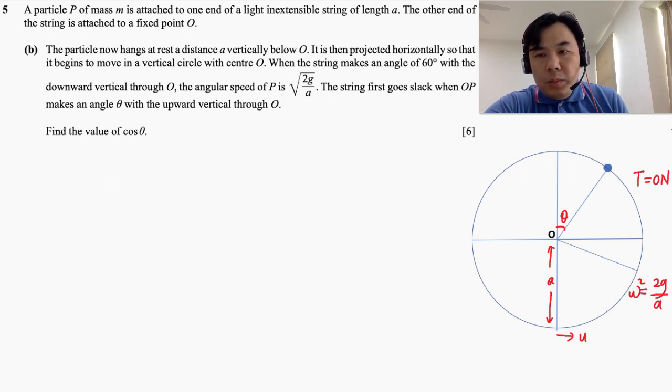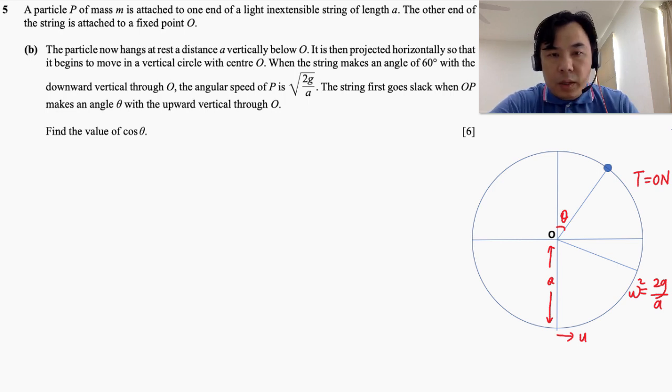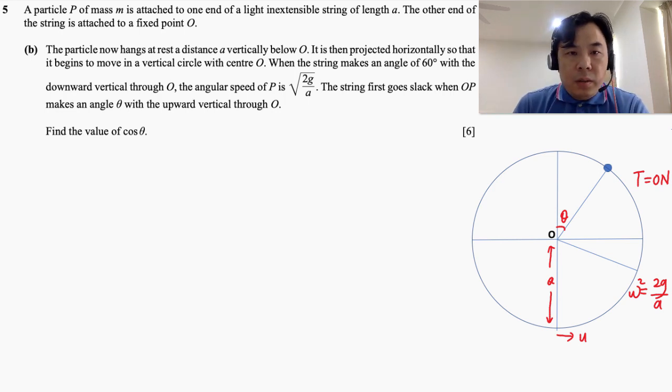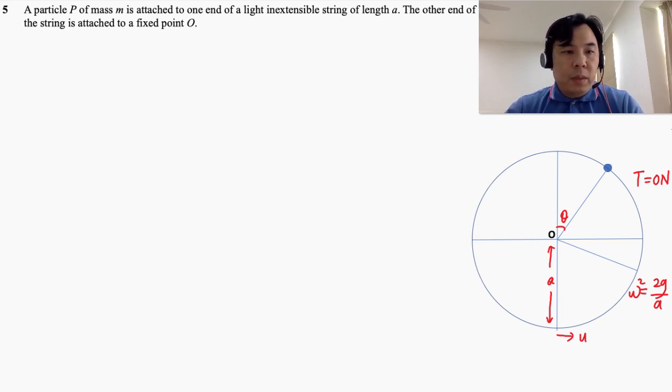Now we need to determine the value of cosine theta. Let me erase the text. Let's remember what we are supposed to do: we are supposed to find cosine theta here. Now let's try this out.